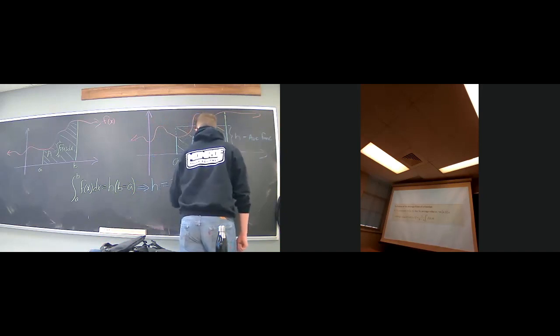So if this is the case, then what this is telling us is that the average value of our function is equal to 1 over b minus a times the integral from a to b of your function.